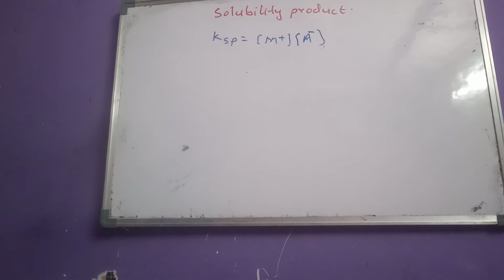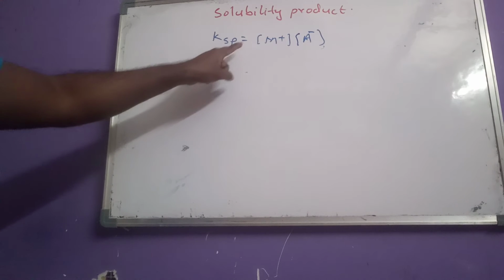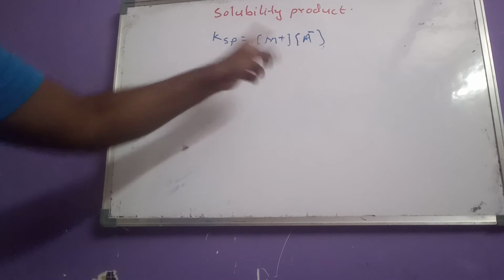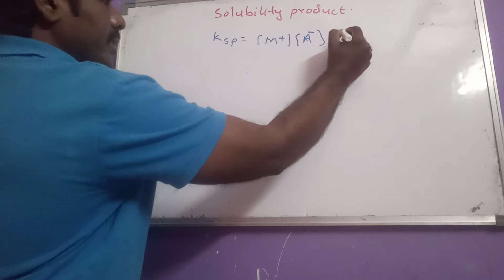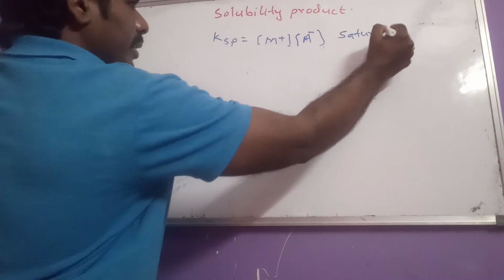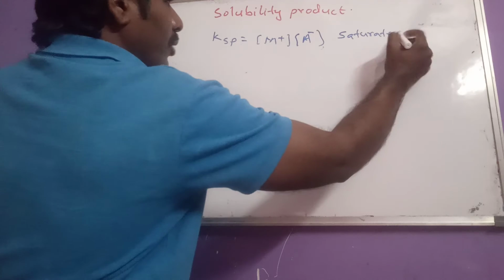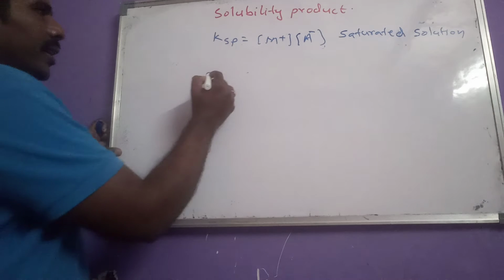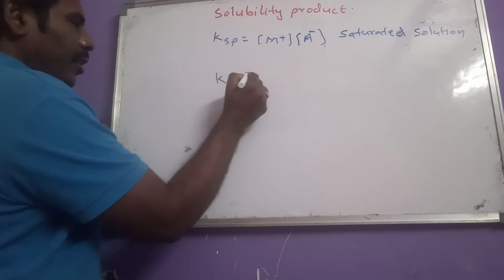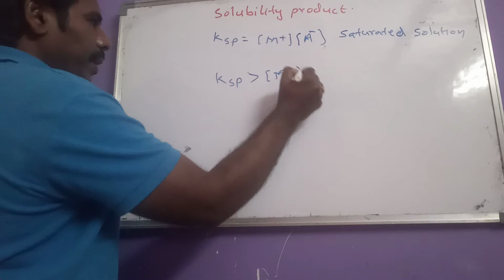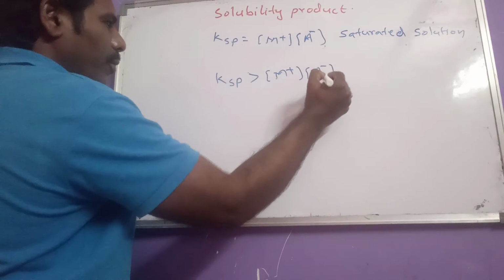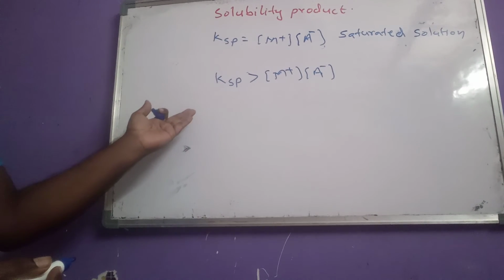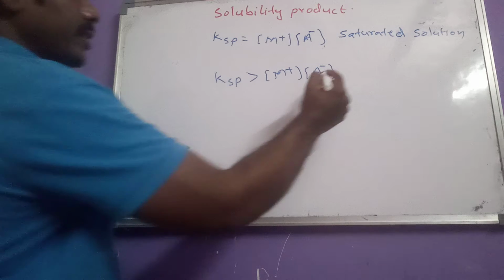solubility product. So if KSP is equal to the product of M plus and A minus concentration terms, then that is said to be a saturated solution. And if the KSP value is greater than the M plus and A minus product, this indicates an unsaturated solution, since the product value is less than KSP.